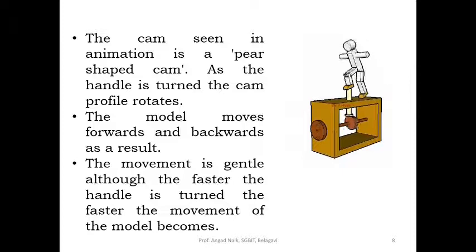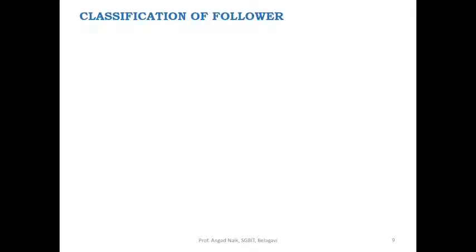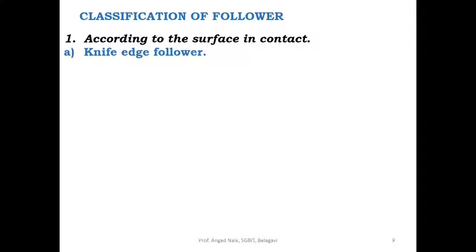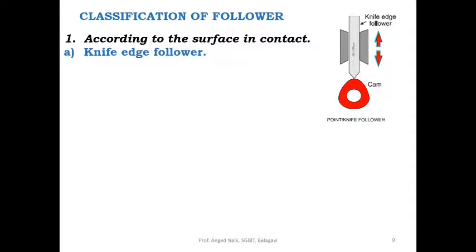We'll take a look at the classification of followers. These can be classified on various bases. First we'll see according to the surface in contact. Now the first one among surface in contact is the knife edge follower.